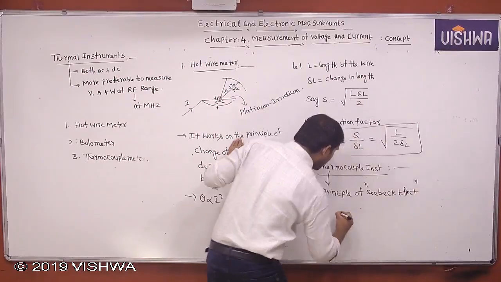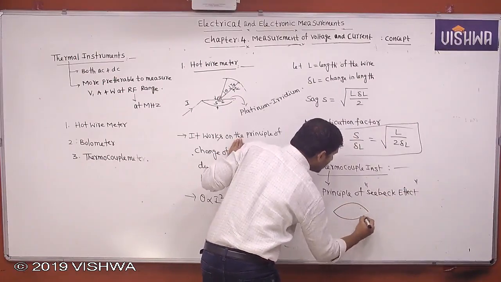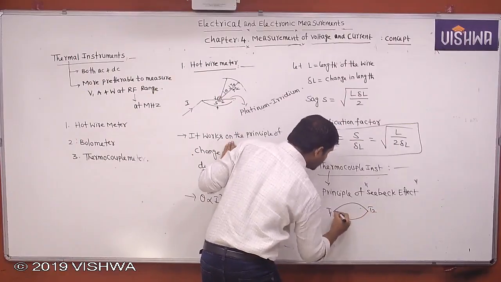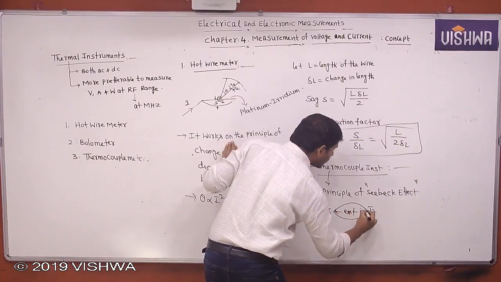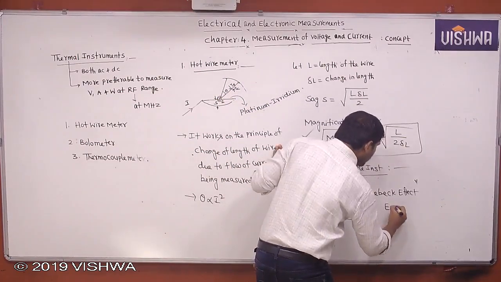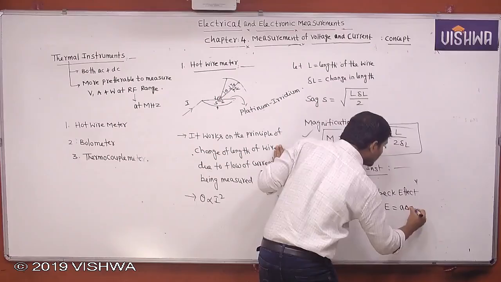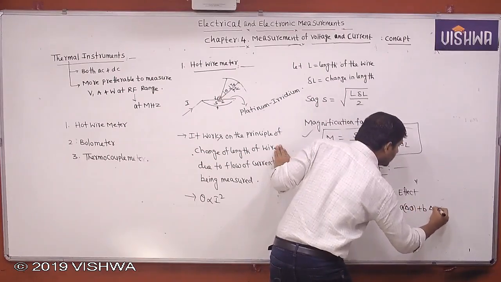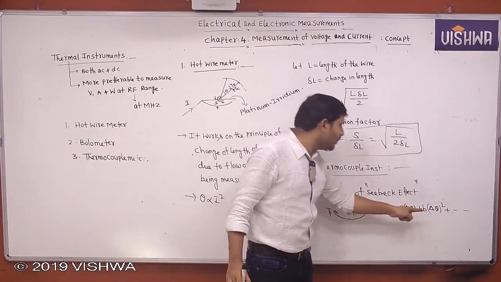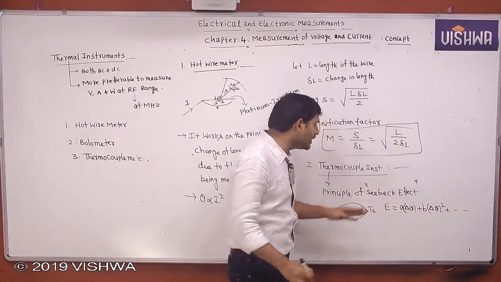According to Seebeck effect, if two dissimilar metals are joined together, because of the temperature difference between the two junctions, an EMF is induced. That EMF E equals A into delta theta plus B into delta theta whole square, plus and so on. But this constant B is very small compared to A, so it is negligible.